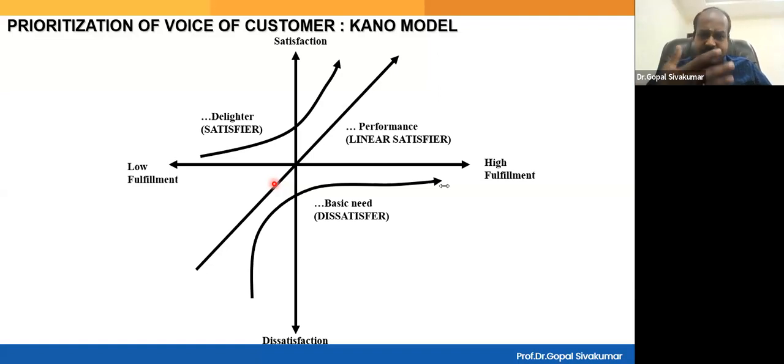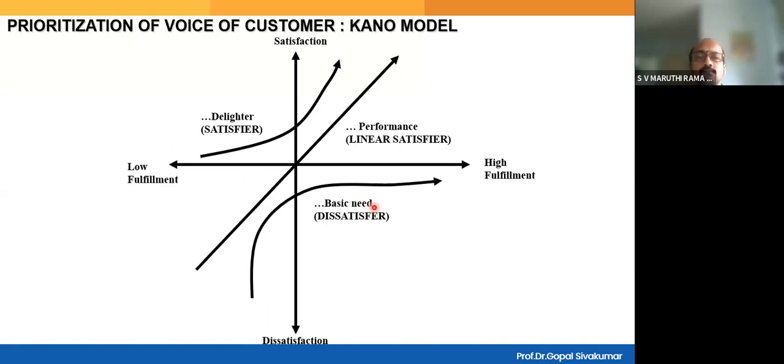So once you have the list of CTQs, you can categorize them. Some of them will go to must-be, some to performance, some to delight. Different terminology, different jargon we use, but it might take some time for you to use the terms the way they are required.